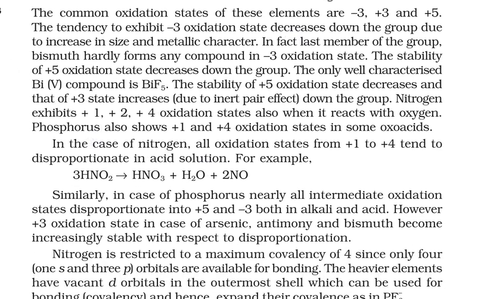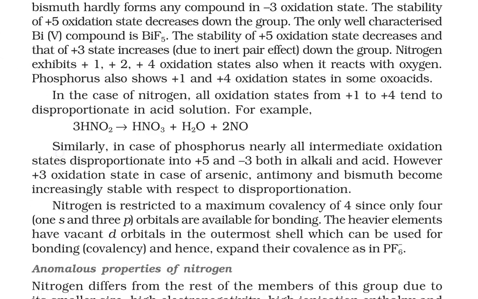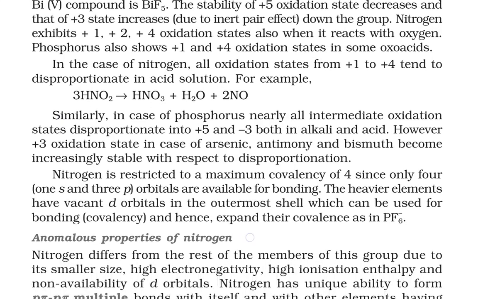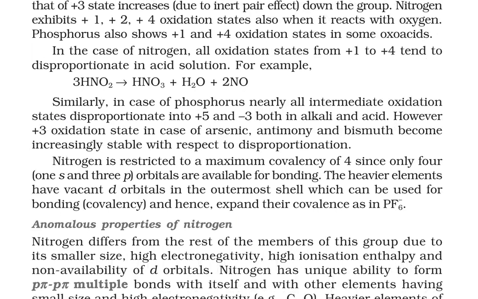Nitrogen exhibits +1, +2 and +4 oxidation states also when it reacts with oxygen. Phosphorus also shows +1 and +4 oxidation states in some oxo acids. In case of nitrogen, all oxidation states from +1 to +4 tend to disproportionate in acid solution. For example, 3HNO2 forms HNO3 plus H2O plus 2NO.